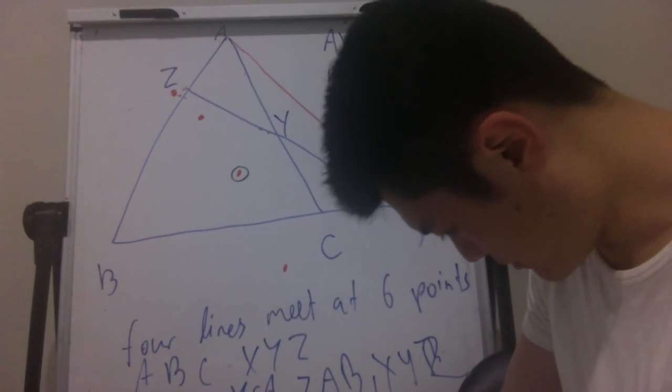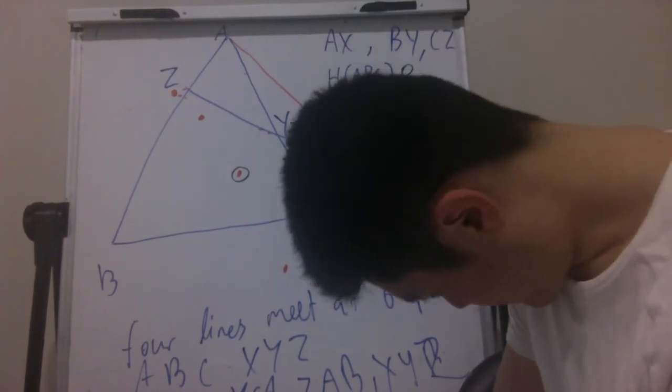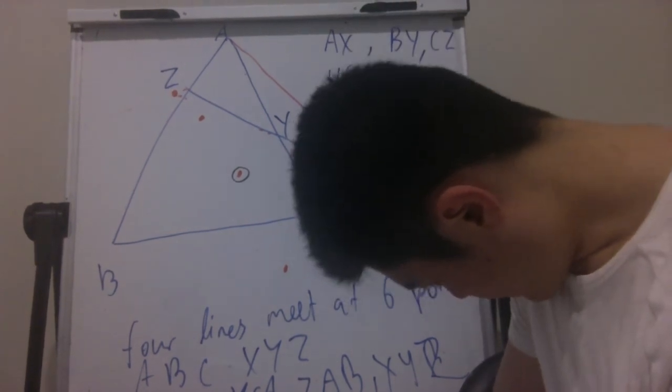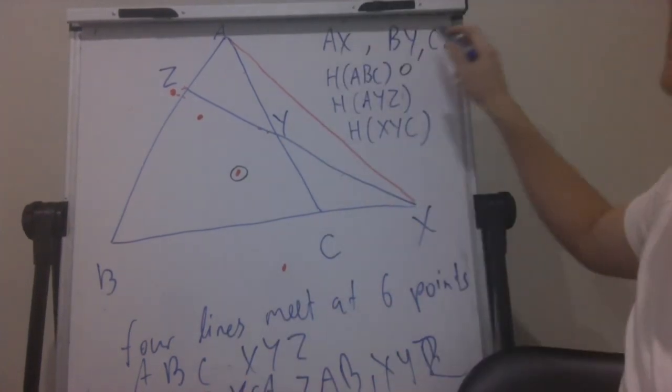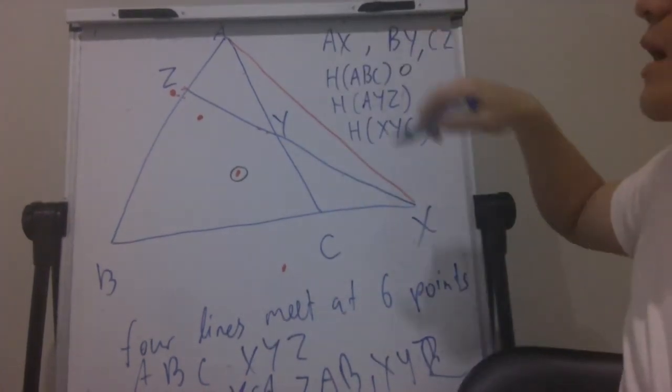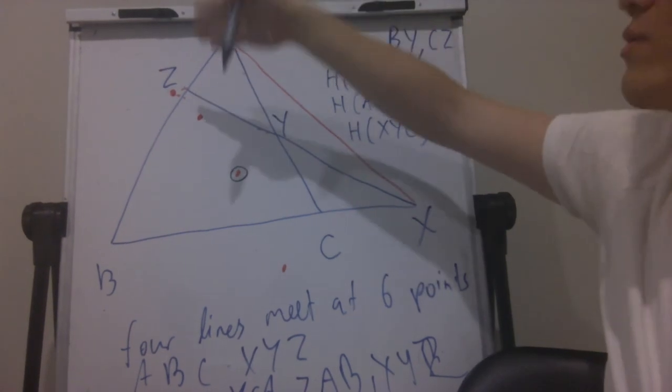Then the circles AX, BY, and CZ have a common radical axis which goes through all four orthocenters.